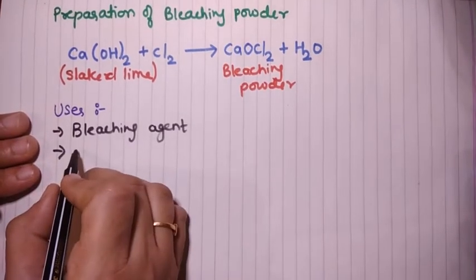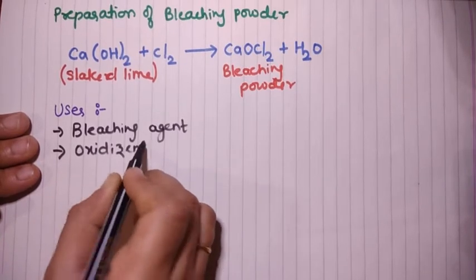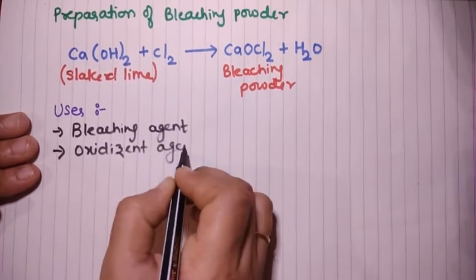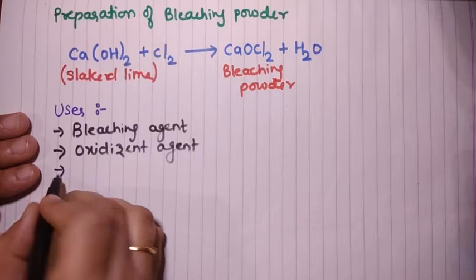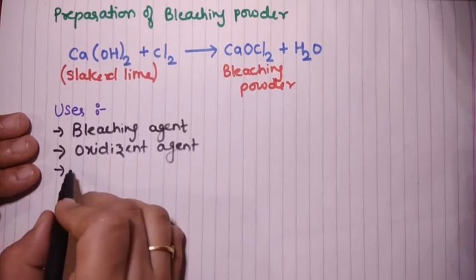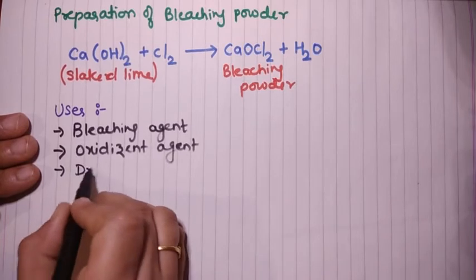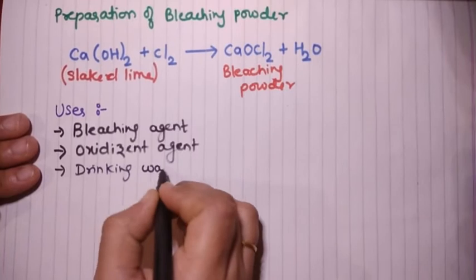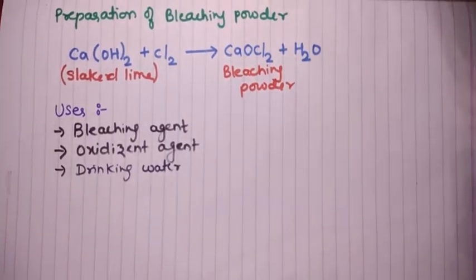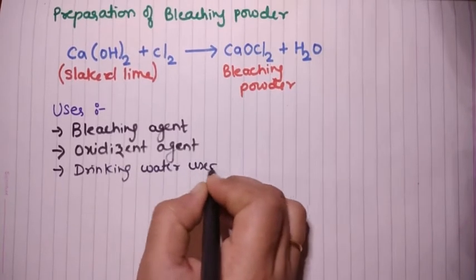Also it is an oxidizing agent and finds application in chemical industries. It is a disinfectant, so it is used in drinking water for disinfecting the germs and bacteria present in the water.